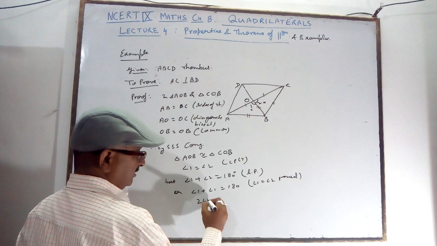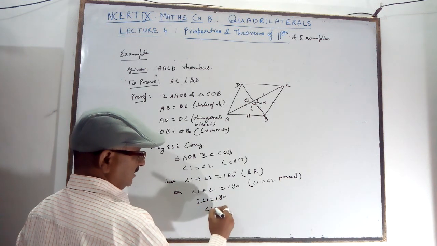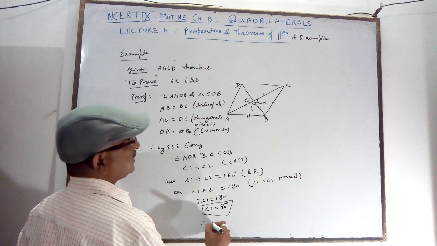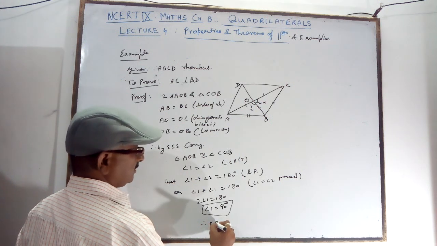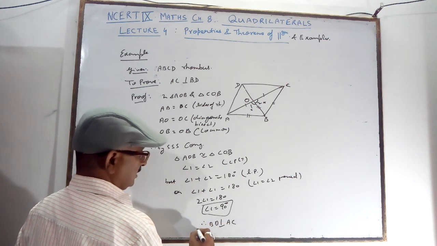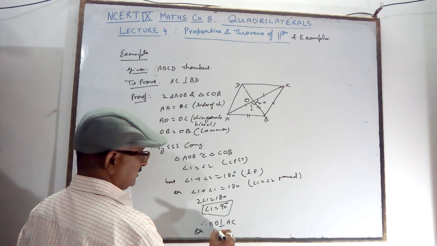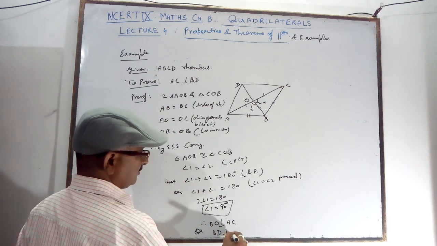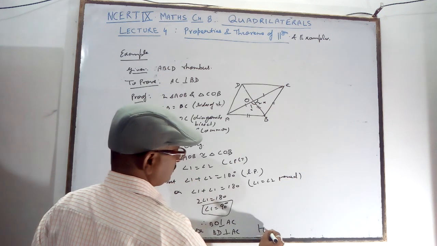So twice angle 1 is equal to 180, then what is angle 1? 90 degrees. If angle 1 is 90 degrees, then BO is perpendicular to AC. Or you can write BD is perpendicular to AC, hence proved.